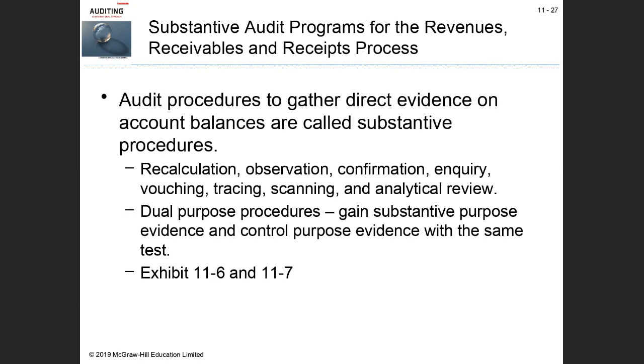We vouch, trace, scan, do analytical review. So these are all substantive procedures that the auditors do, and those are the procedures on pages 466 and 467. Again, the auditors are deciding on those substantive procedures based on their assessment of internal control documented on page 465, okay? So that's the link.